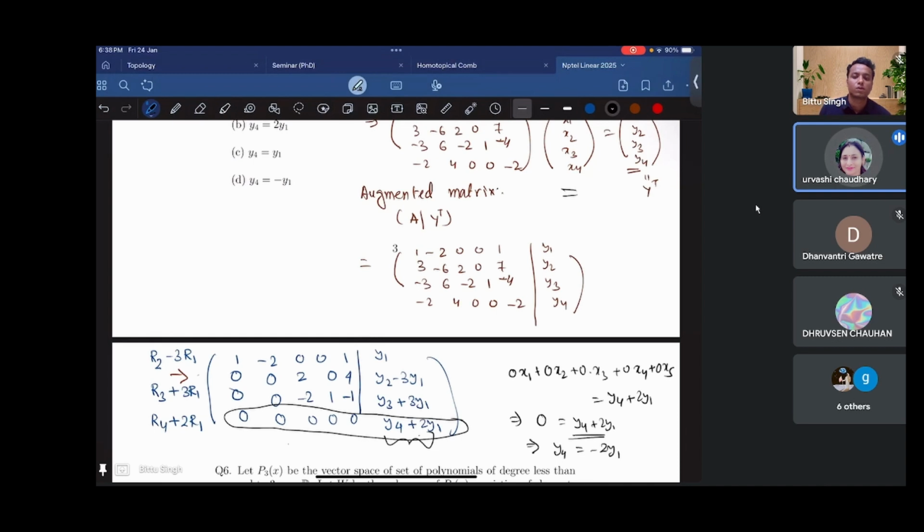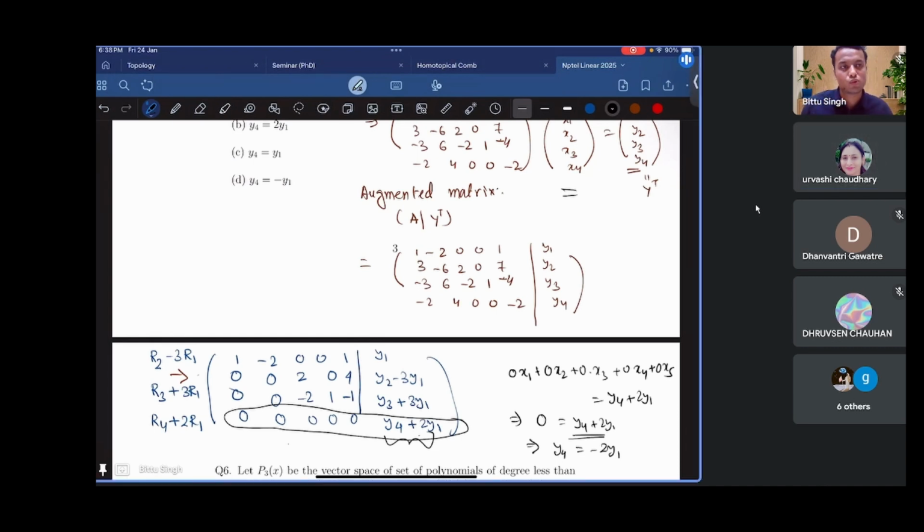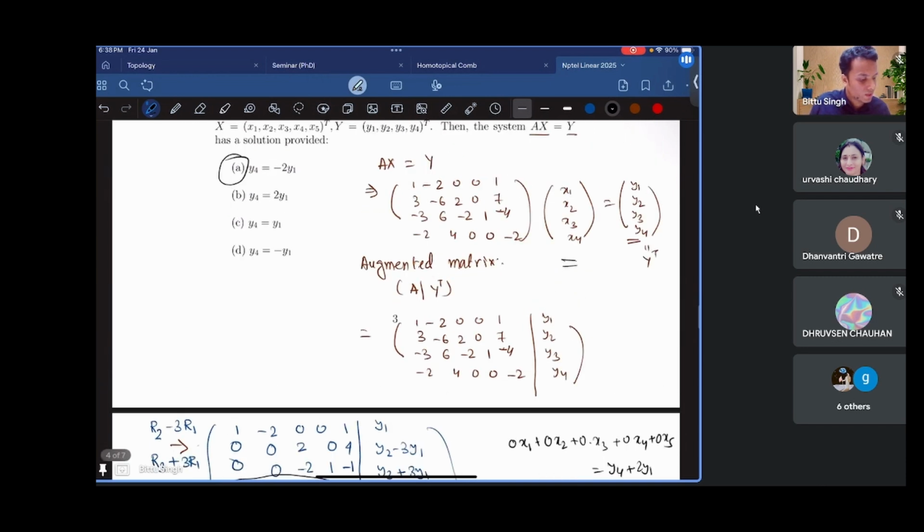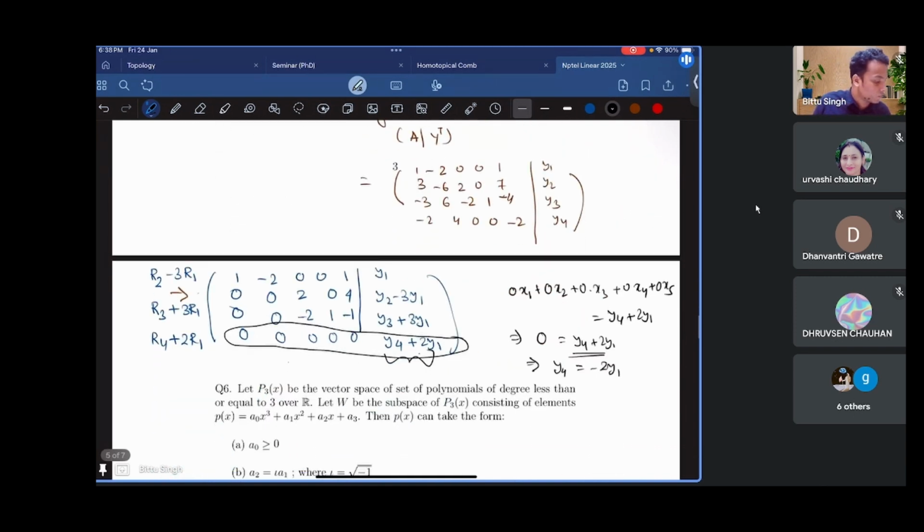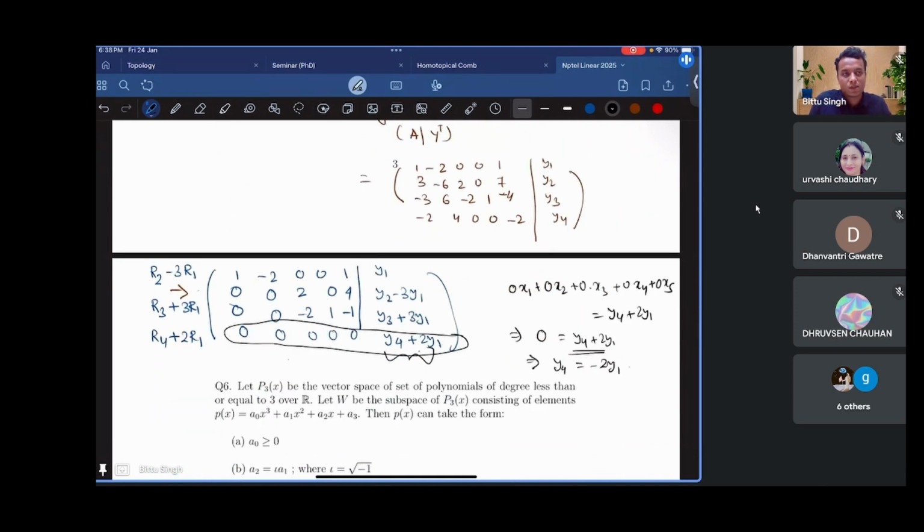So in that case, what is the correct answer? Then we need to make two different choices, two different relations. Not only this, but there can be other relations.